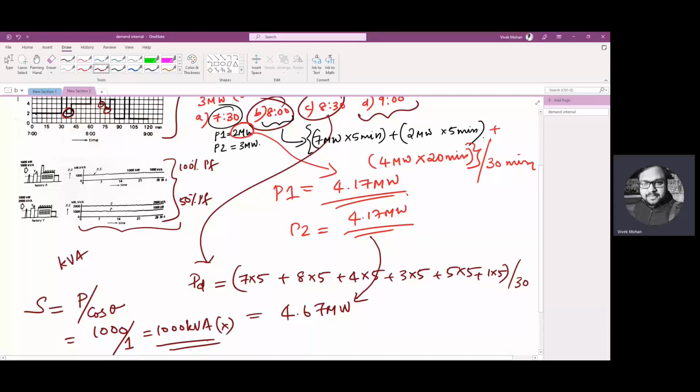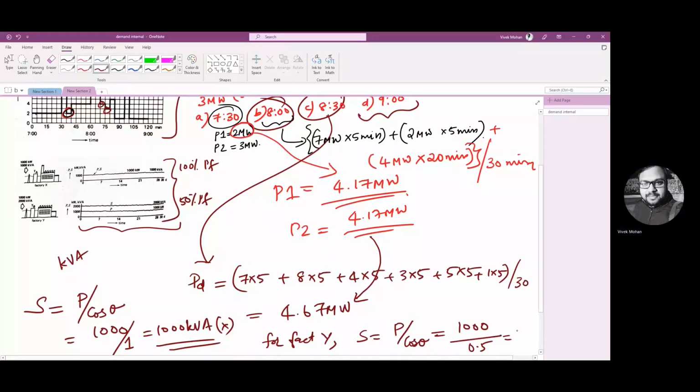Now, what about apparent power drawn by factory Y? For factory Y, S equals again P by cos theta, which is equal to 1000 divided by 0.5, which is equal to 2000 kVA.